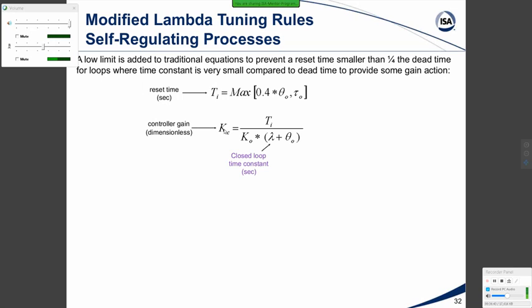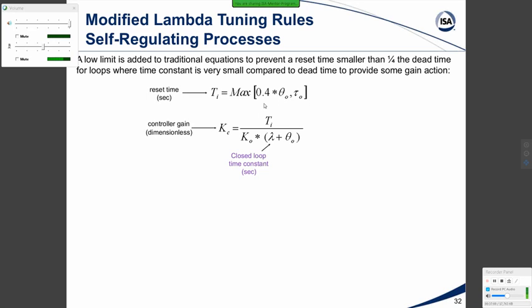I don't have enough experience with dead time processes to say how big an issue it is, but to make it behave like we normally see for other tuning rules, we know that if we want an appreciable gain, a proportional mode effect, the integral time should not be less than about 40% of the dead time.